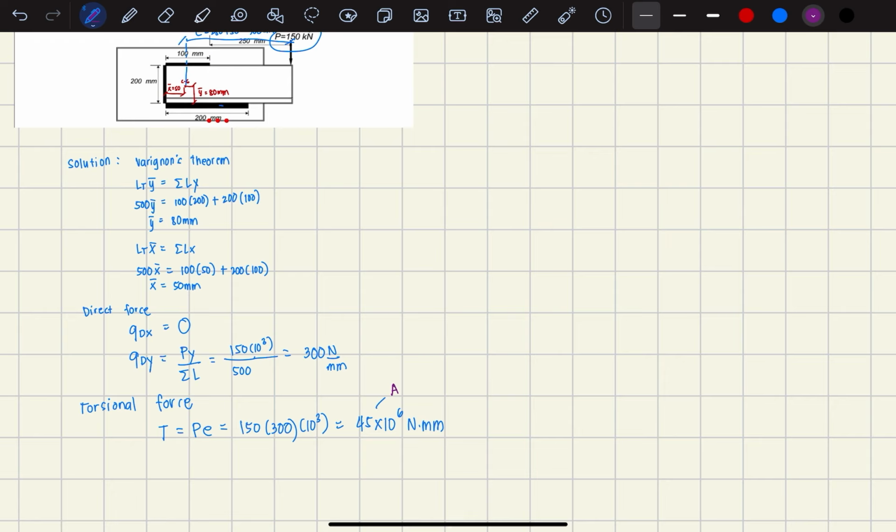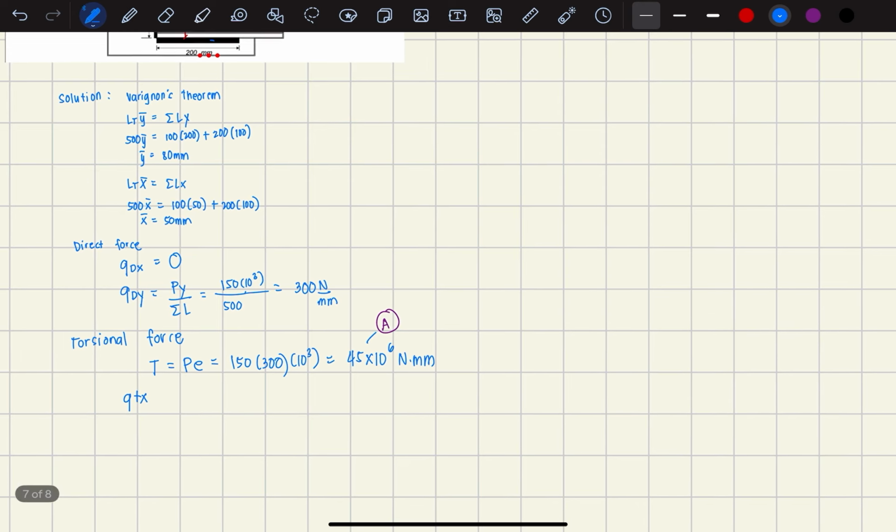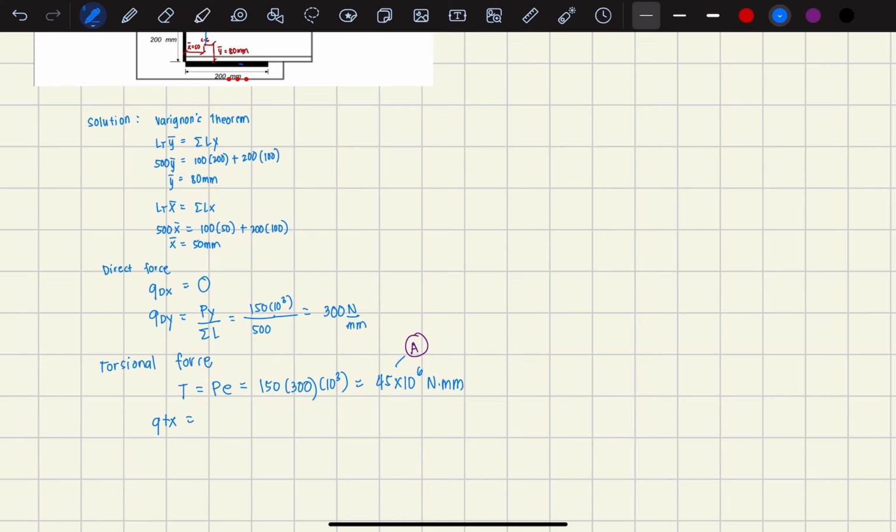So, stored natin to sa A. Next, kunin natin yung components ng torsional forces. Yung QT x is equal to Ty over the polar moment of inertia.